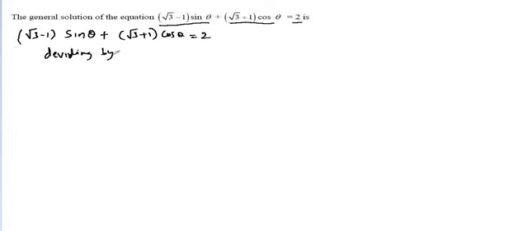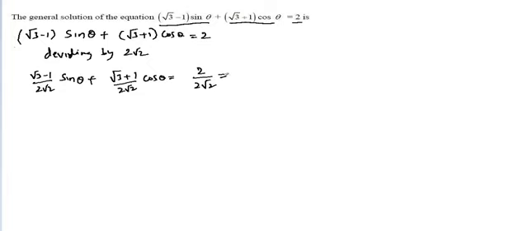Dividing by 2 root 2 on both sides, that is root 3 minus 1 by 2 root 2 into sin theta plus root 3 plus 1 by 2 root 2 cos theta is equal to 2 by 2 root 2. So 2 cancelled, that is equal to 1 by root 2.